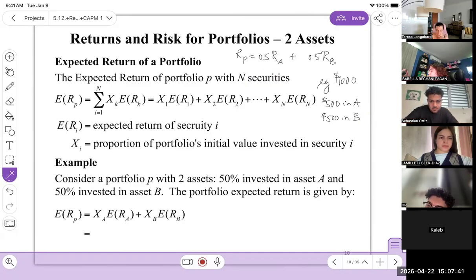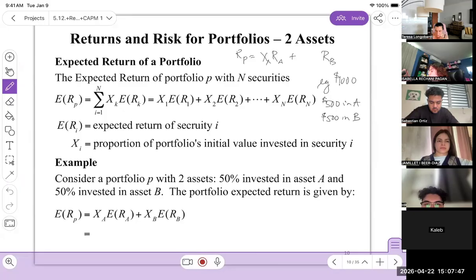Okay, so in general, I'm going to use the notation XA and XB. Okay, so that's what XA and XB are. They're just the weights.